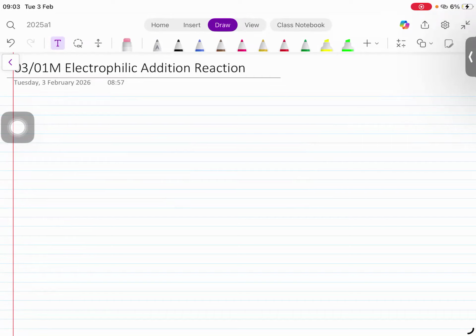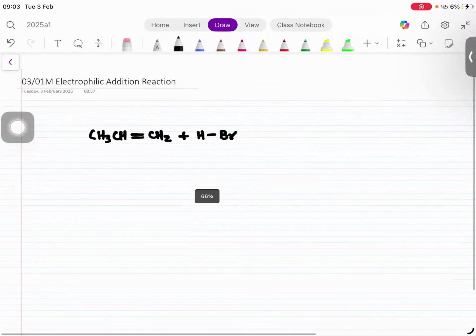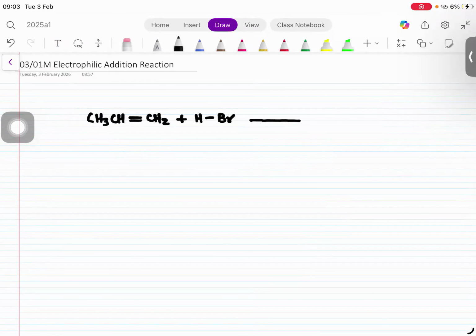For example, if I write CH3-CH=CH2 plus, let's say, HBr. Once we react it, the other day we said that as you can see, it's an unsymmetrical alkene.